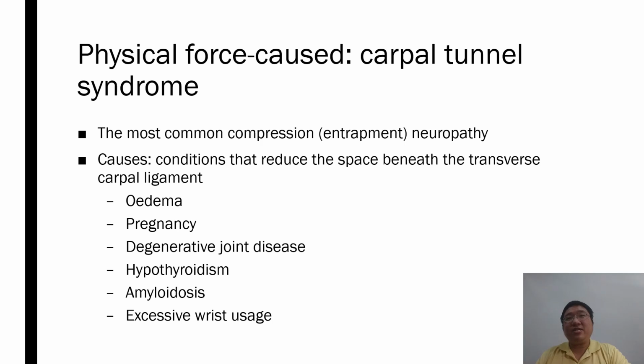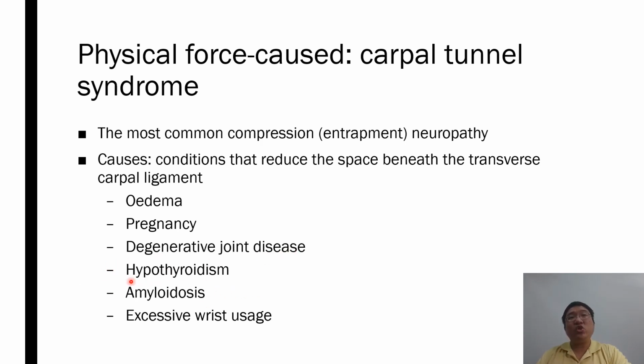The next group of neuropathies I would like to mention is carpal tunnel syndrome. Carpal tunnel syndrome is the most common compression or entrapment neuropathy. There are different causes of this condition: edema from any cause, maybe from congestive heart failure, nephrotic syndrome, chronic liver disease, pregnancy, and degenerative joint disease.